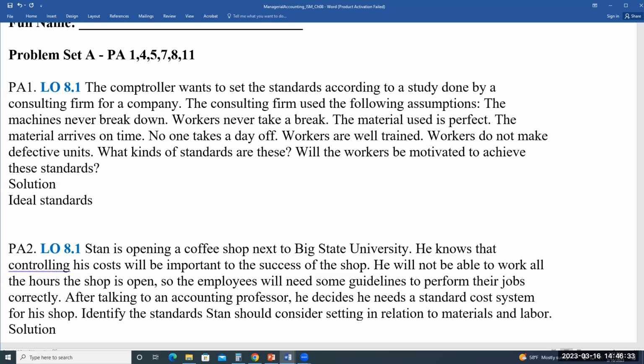And if you ask an Amazon warehouse worker, probably not very motivated. Workers will not be very motivated. Okay? Because it's unrealistic, right? Things go wrong. Things are not always perfect. And so you need to account for that in setting standards.